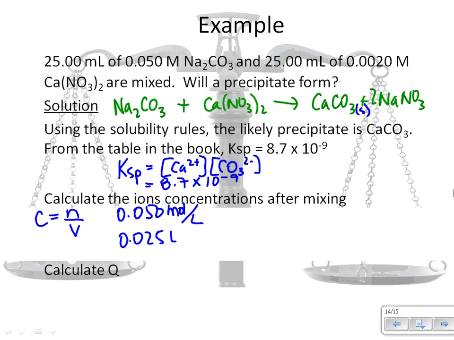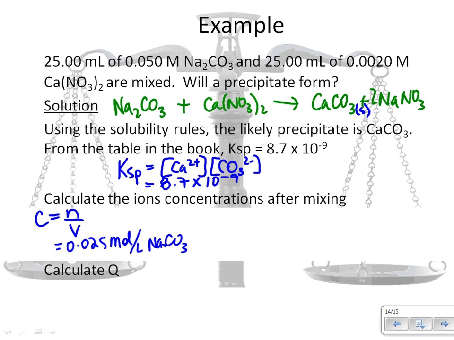So you don't have 0.05 moles per liter anymore. You're going to end up with 0.025, and that's your Na2CO3. So how did I get that? Well, you don't really need to know. If you want, you can do C times V and calculate your moles.